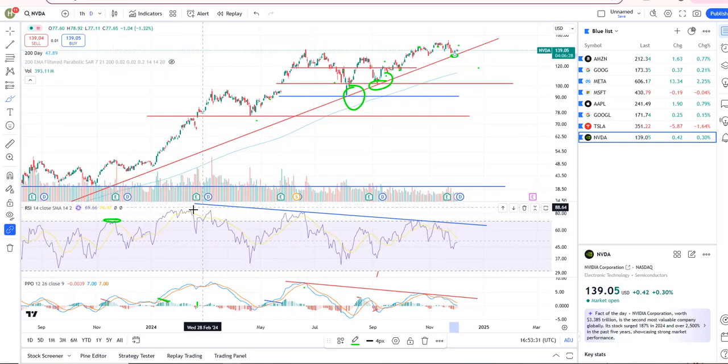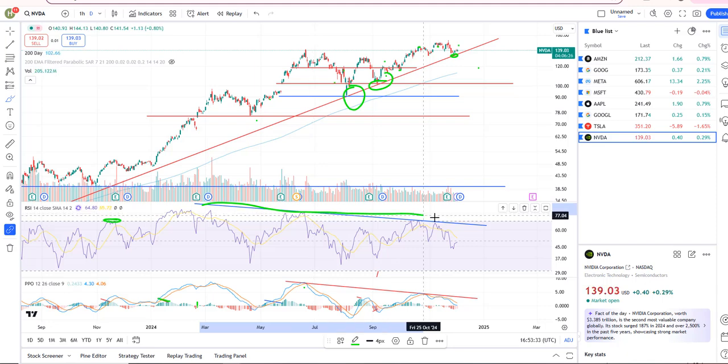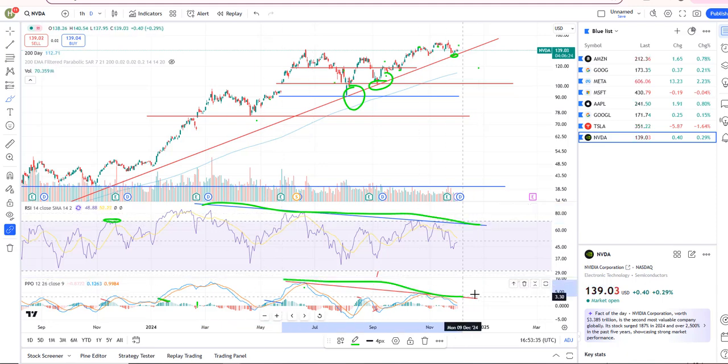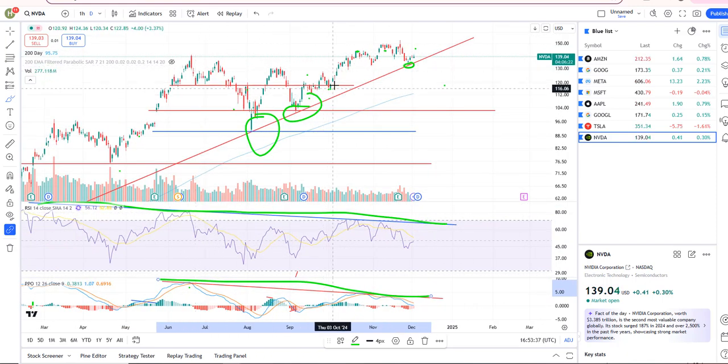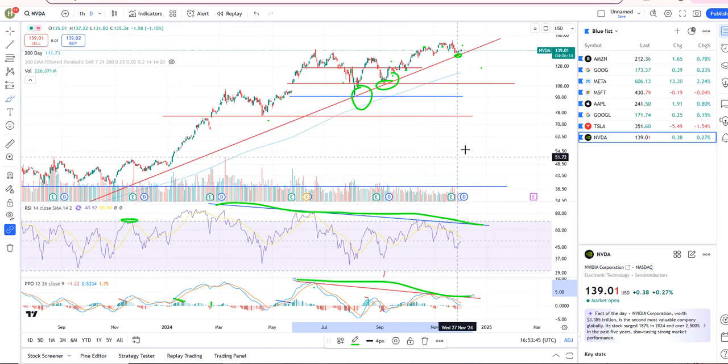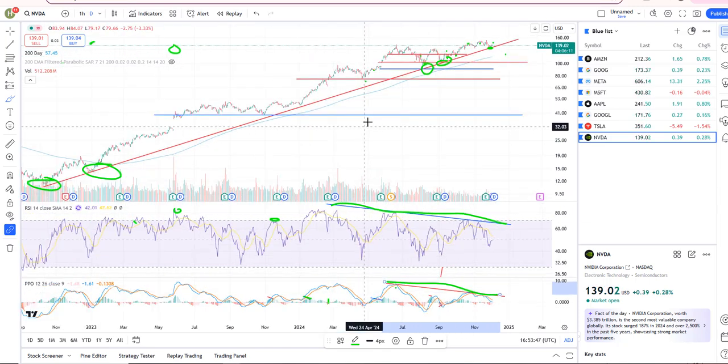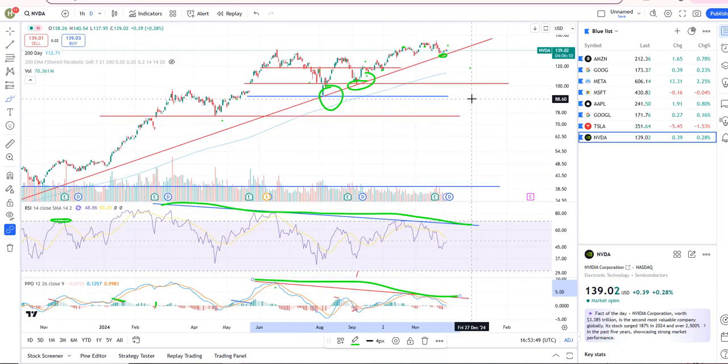But we do have pretty big negative divergence. It's been building for a while. Each new high that this is making has not been able to take out the divergence. It's making a new high and then getting sold into. So this divergence building is telling me that this long uptrend is coming close to an end.